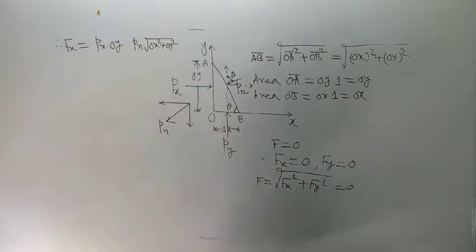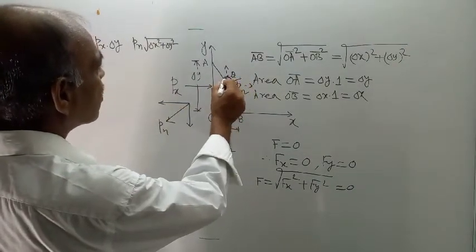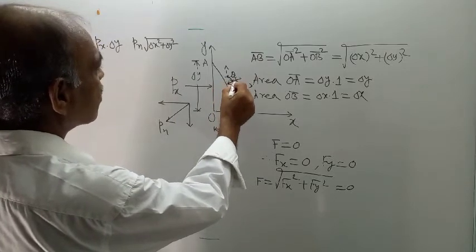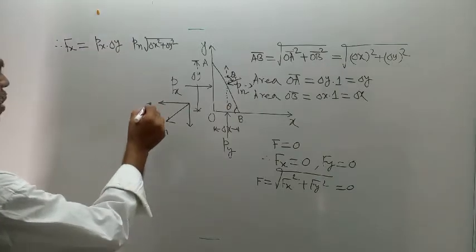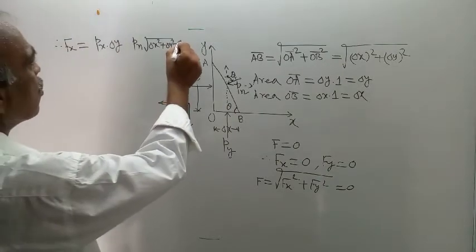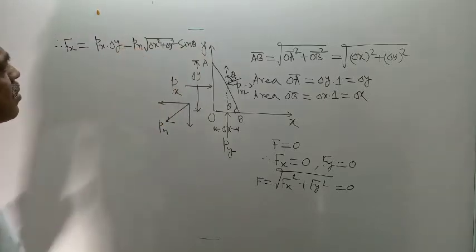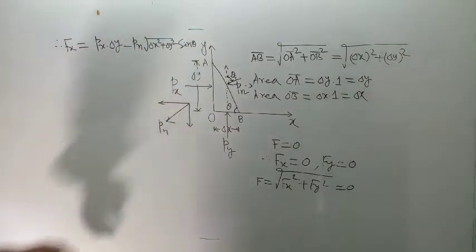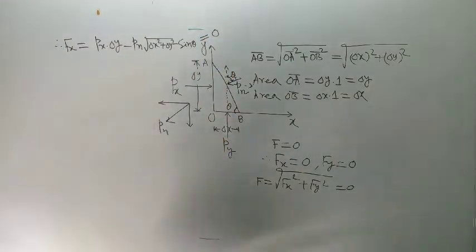Since this is theta and this is 90 minus theta, sine theta component will be coming, with a negative sign. So this is Fx and this must be equal to 0.